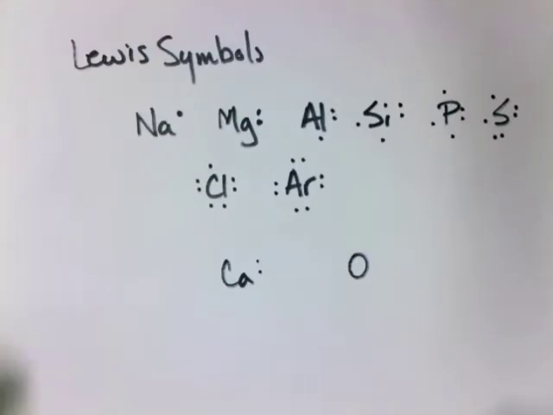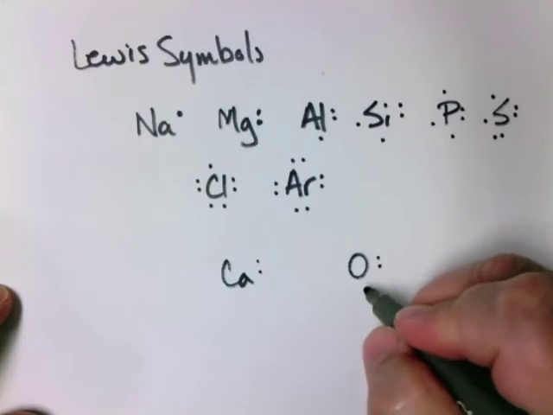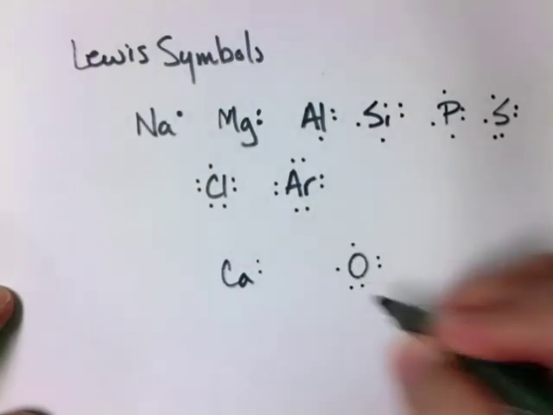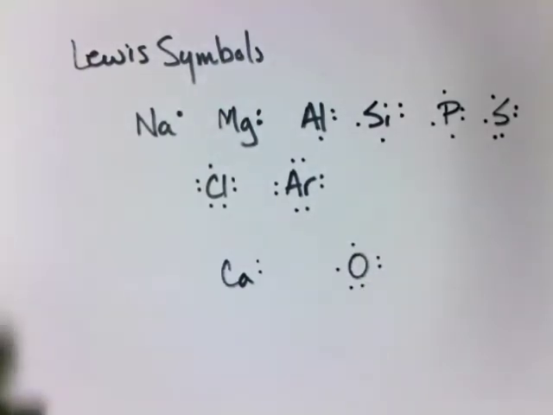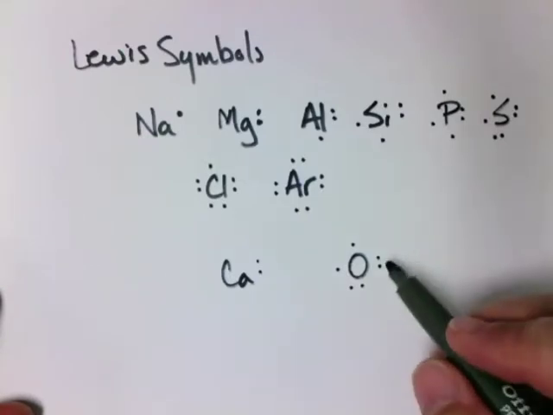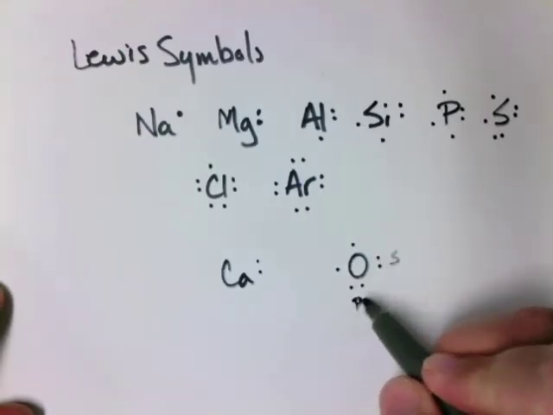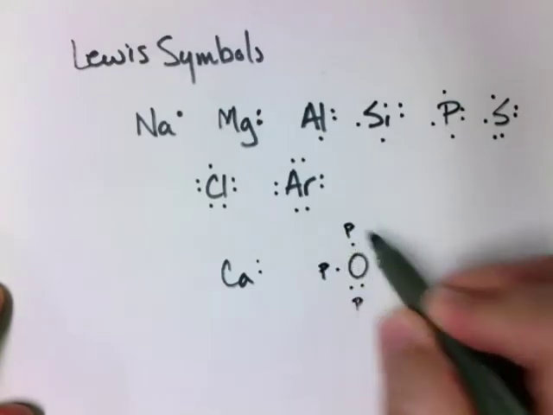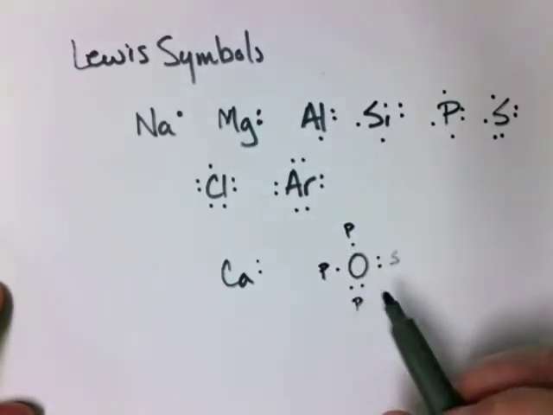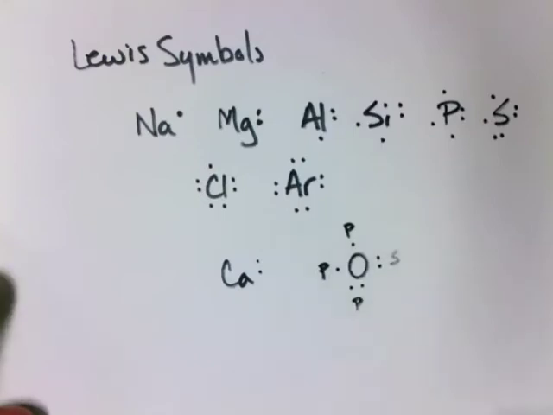So it's got its full s orbital, and then it's got 4 electrons, and so there's oxygen's Lewis symbol. It has 2 in the s, and then 2 in the first p orbital, and then 1 in each of the other p orbitals.